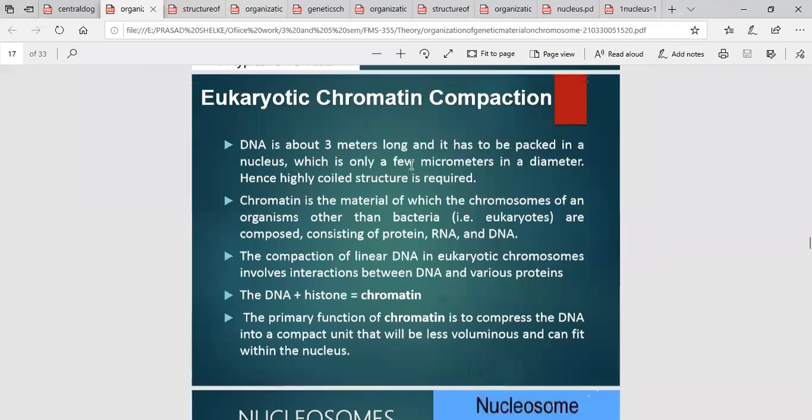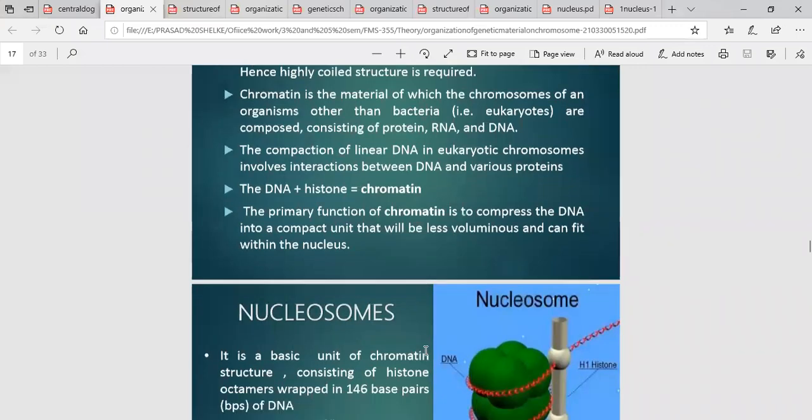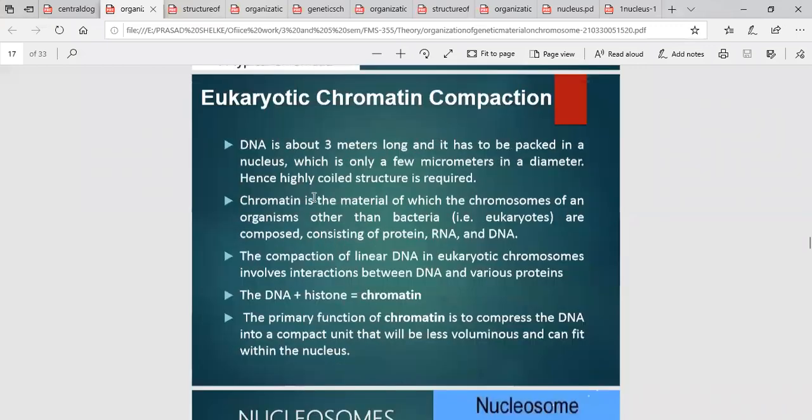So when we are studying the compaction of eukaryotic chromatin, we need to know the organization of the DNA. Okay, so from where is it packed? Those are the intermediate phases during the compaction of eukaryotic chromatin. DNA is about 3 meters long, and it gets packed inside the nucleus, which is only about 2 to 50 nanometers in size.